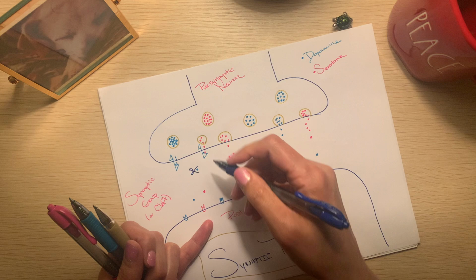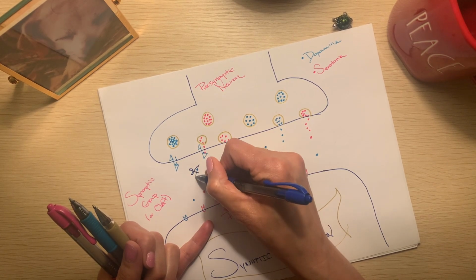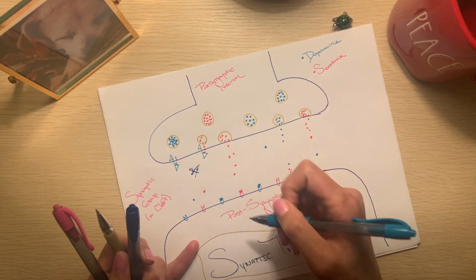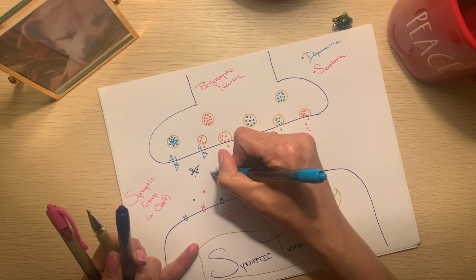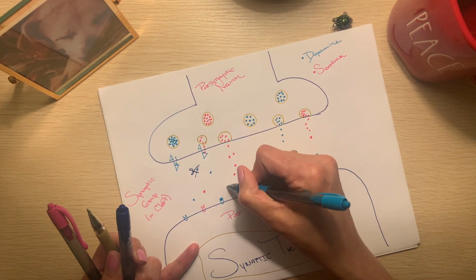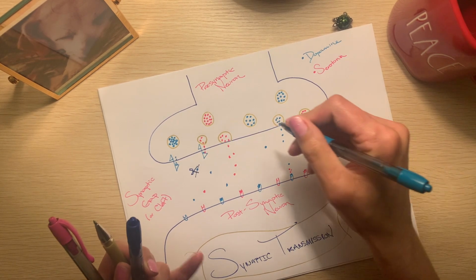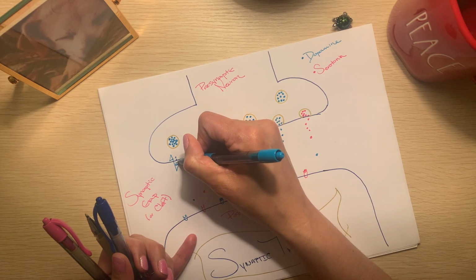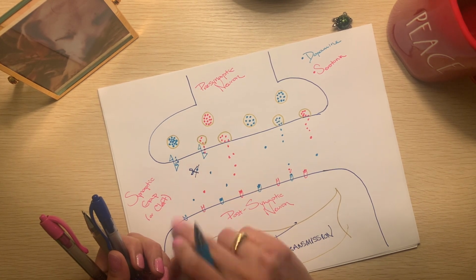And these little scissors will just cut these guys in half, rendering them useless because they no longer fit like a lock into a key. So then we just have some half circles, and these little half circles eventually will get picked up by the reuptake pump.